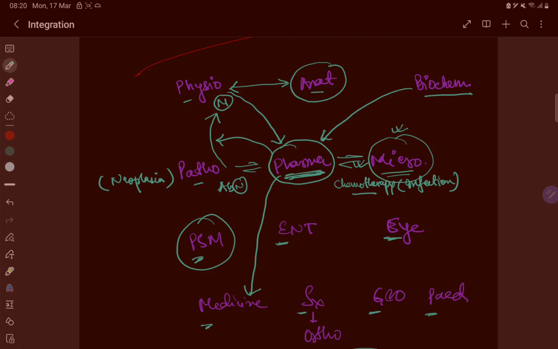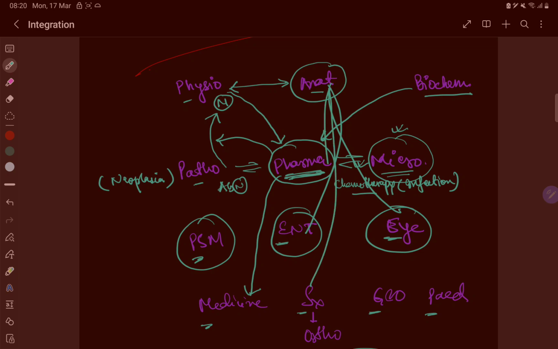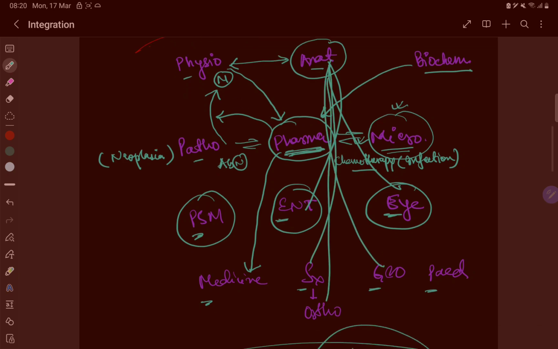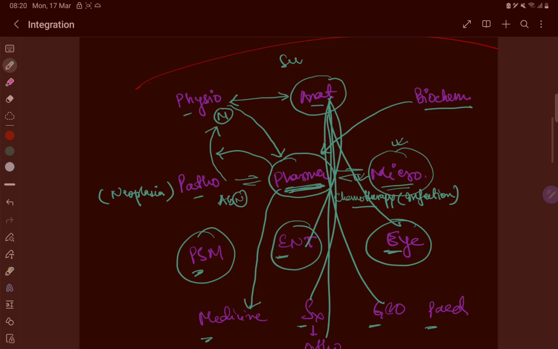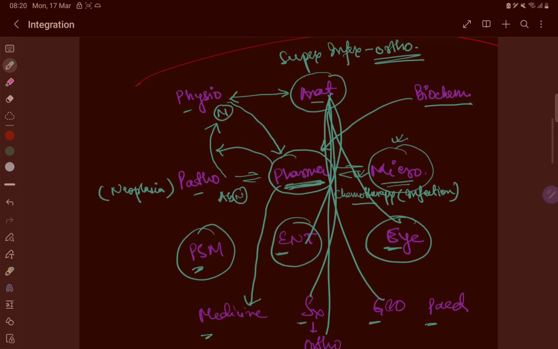Again, you have to understand that anatomy is there for eye and ENT, the surgical subjects, as well as for surgery, gynae, ortho. For example, in anatomy you have supex and infex, right? The supex and infex part will be studied, revised in ortho, because it is all about common sense, right? Also for the cardiothoracic.